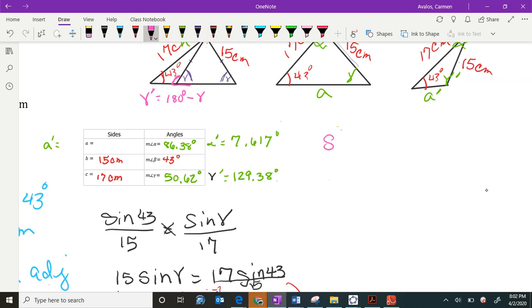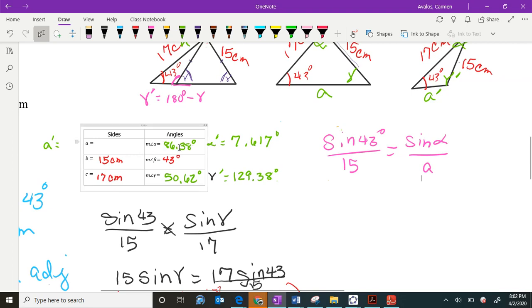We're going to do the sine of 43 over 15 has to equal the sine of alpha over A. We stored alpha already, and now we just need to know A. This alpha is the 86.38.